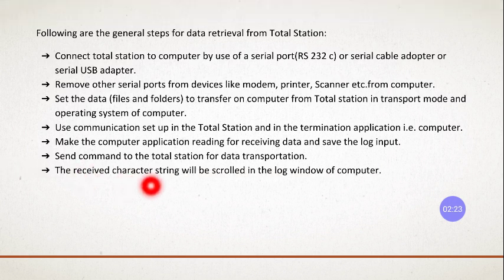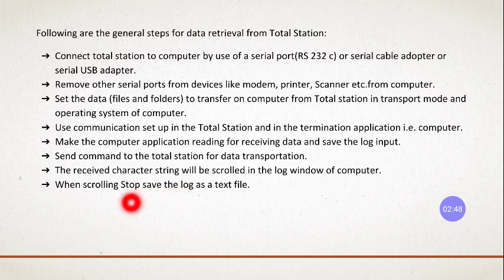Received character strings will scroll in the log window of the computer. When the scrolling stops, save the file. You will start receiving the files and the data from the total station into the computer. Once all the files have been uploaded into the computer, stop the scrolling.